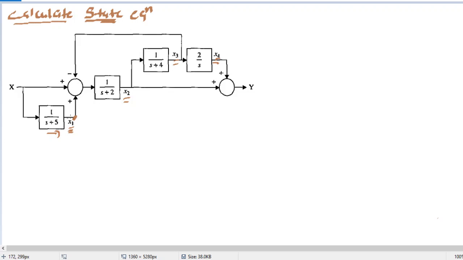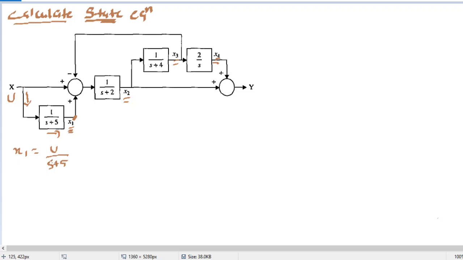So how does x1 proceed? x1 has one signal from the input itself, which is u, which will enter in x1. Okay, it's the input and a block.